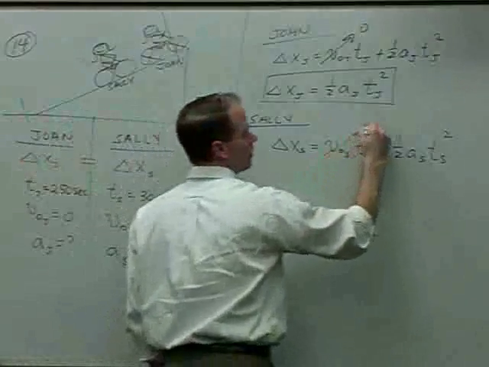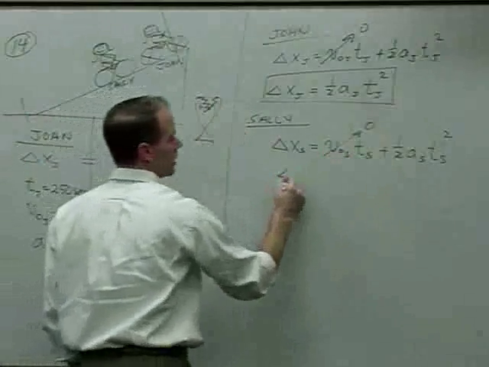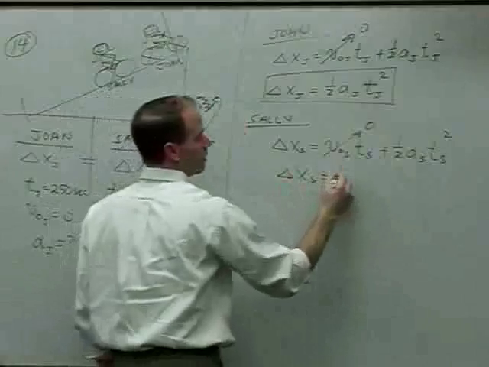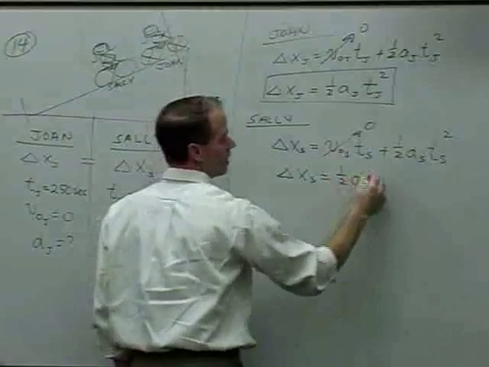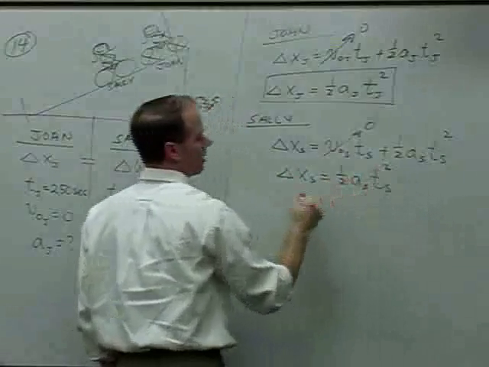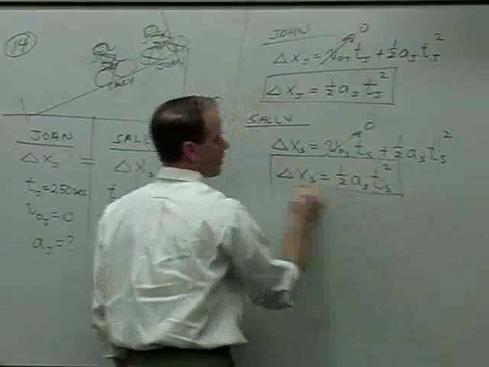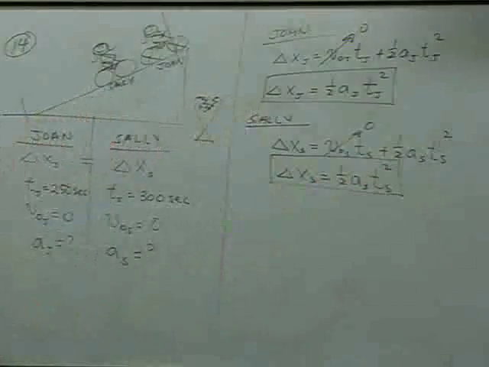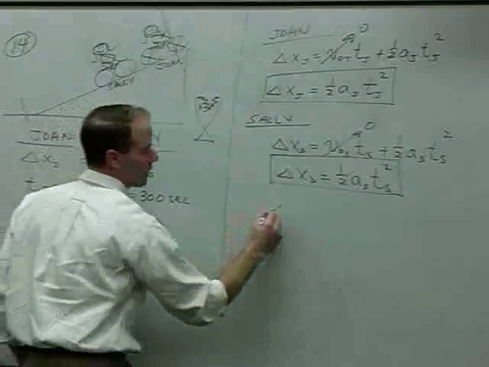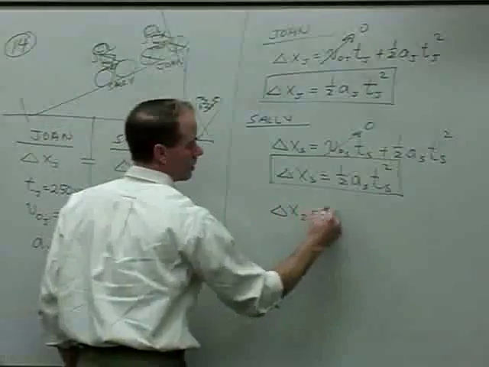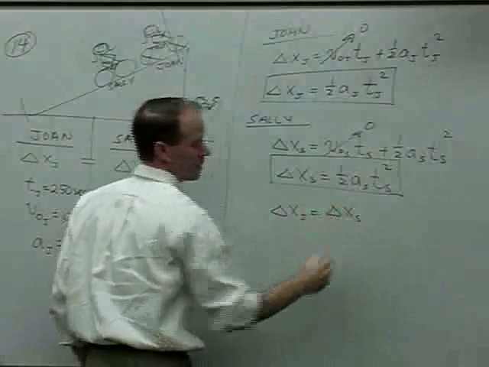Initial velocity is 0, so we have displacement for Sally equals 1/2 acceleration for Sally time for Sally squared. What's my next step? Put them equal to each other because they go the same displacement. So displacement for Joan equals displacement for Sally.